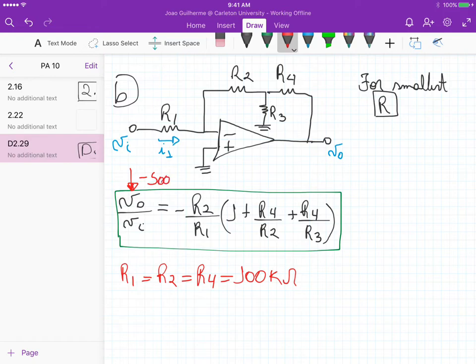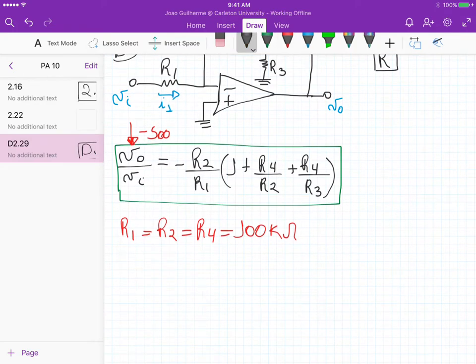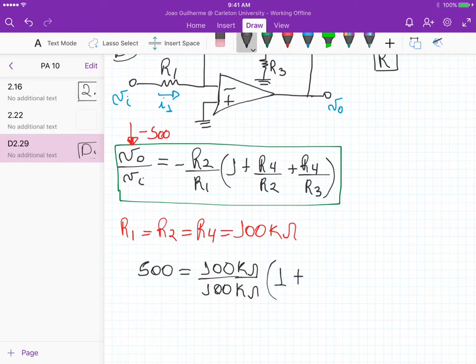If we isolate R3 in this equation and substitute here, we get that 500 should be equal to 100k divided by 100k times 1 plus R4, which is also 100k, divided by R2, which is also 100k, plus R4, which is 100k, divided by R3.